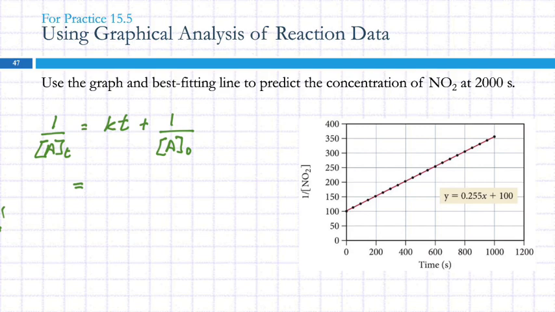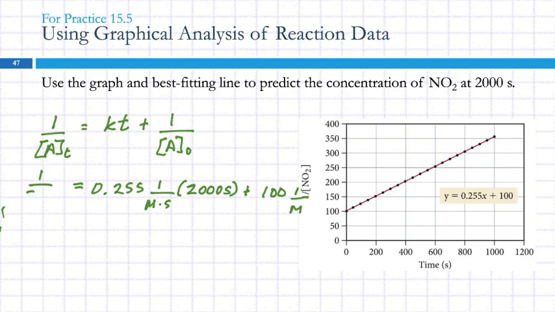So our rate constant, we're just using the line here, 0.255, and we determined that that was per molarity per second, times 2,000 seconds, plus 100, and that unit there would be 1 over molarity.